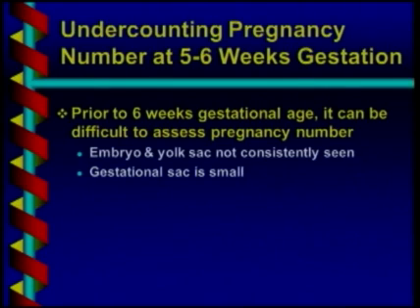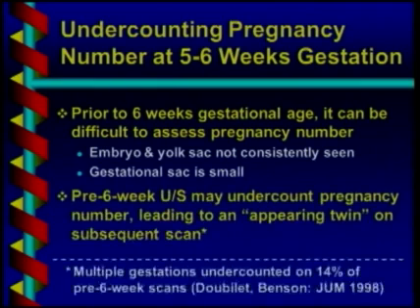gestational age, you don't yet see the embryo consistently, or the yolk sac, and the gestational sac is very small. You may miss a yolk sac or a gestational sac. So realize that a pre-6-week ultrasound may undercount pregnancy number, which would lead to an appearing twin or appearing triplet on subsequent scan.